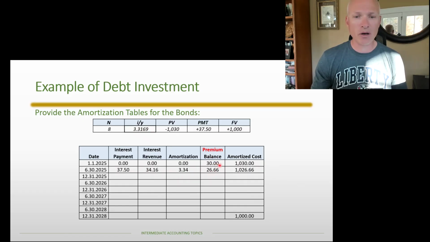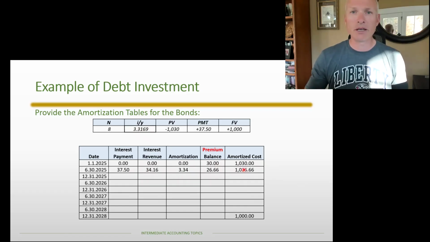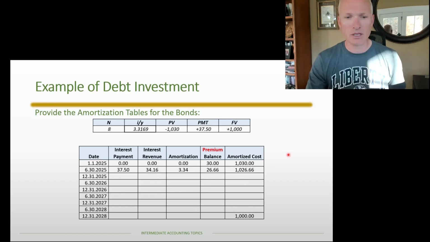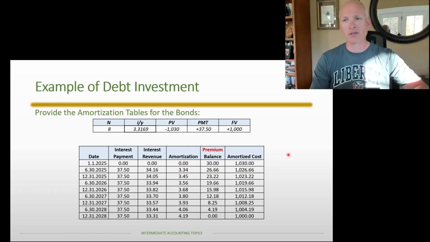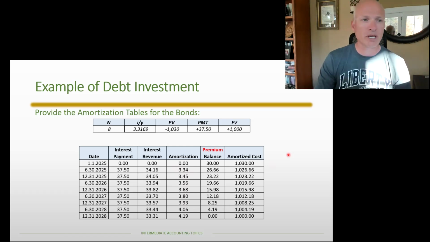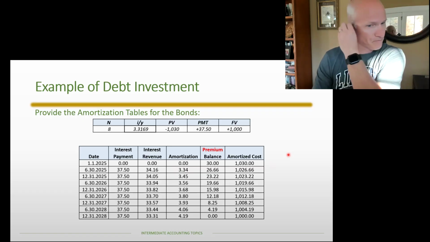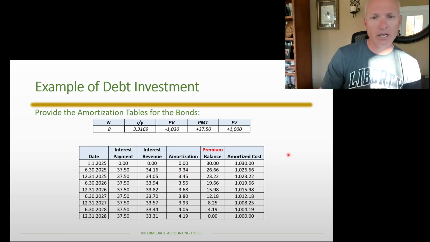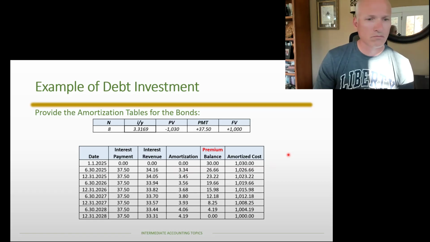So we went down from $30 to $26.66, which means the amortized cost has been updated to the par value plus the balance in the premium. But again, notice that the interest revenue is the difference between the payment and the amortization of the premium. Again, everything's opposite to the discount. Of course, we continue that process all the way through, and that's how we would calculate our amortized cost.